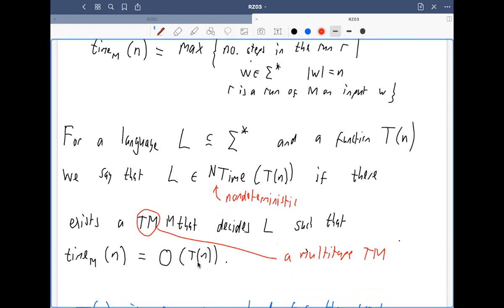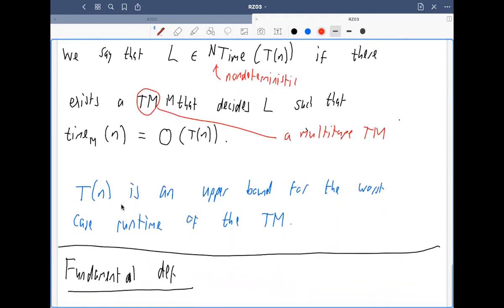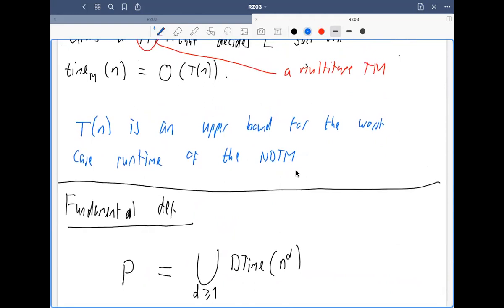So the same definition, asymptotically: a constant multiple of t(n) is an upper bound of the worst case runtime over all possible runs for inputs of length n of the machine. And the fundamental definition of NP is simply to change deterministic time to non-deterministic time.